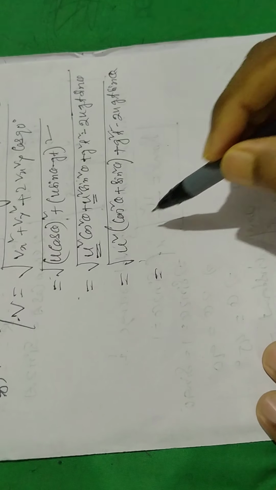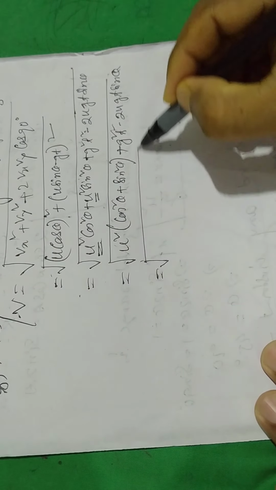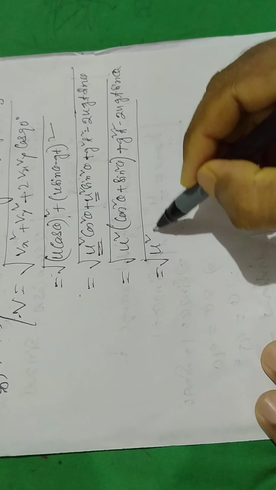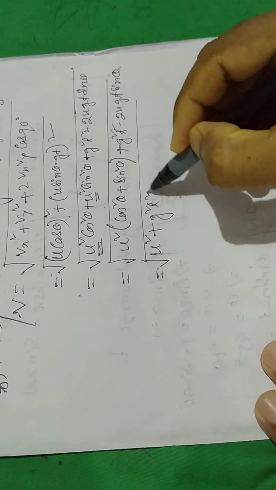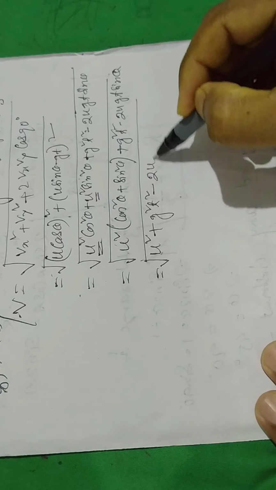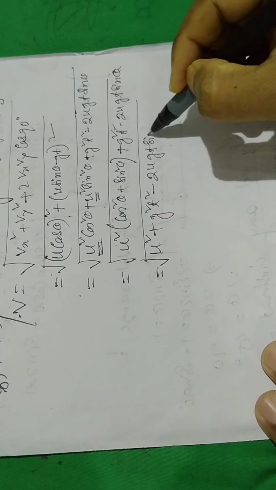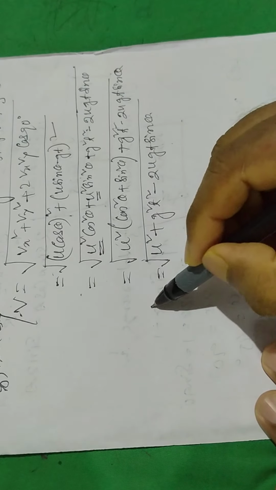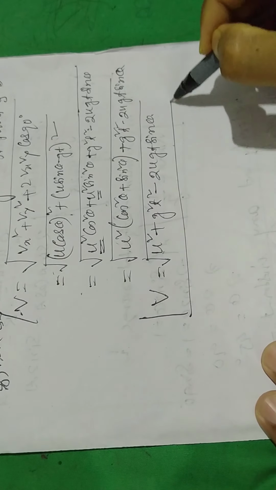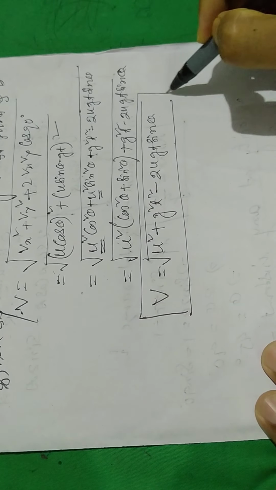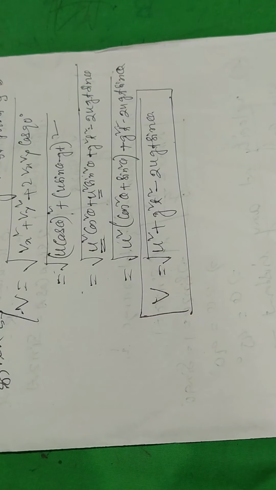Cos square theta plus sin square theta is 1, so v equals root over u square plus g square t square minus twice u gt sin theta. This is the resultant velocity of the projectile at point Q.